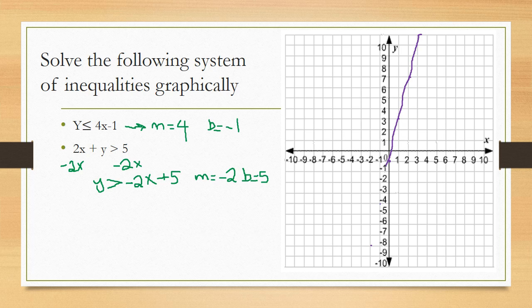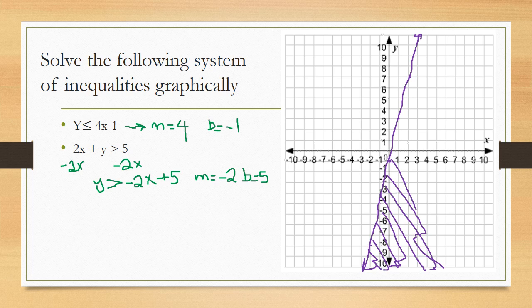And since I have y less than, I need to shade below the line, where the y-axis points down. So the shaded area, or the half plane, for this inequality is going to be on this side, below the line.